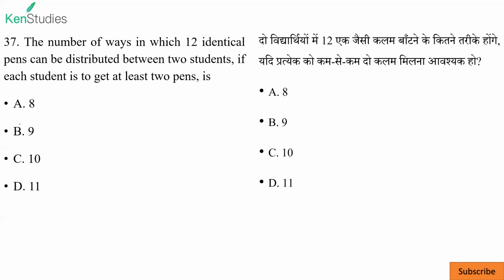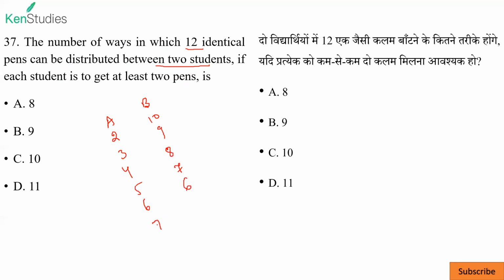Okay. Next, question number 37. It is asking the number of ways in which 12 identical pens can be distributed between two students if each student is to get at least 2 pens. Let the students be A and B. So at least 2 should get. In one case, A is getting 2, then B is getting 10. 3, then 9. 4, then 8. 5, then 7. 6, 6.